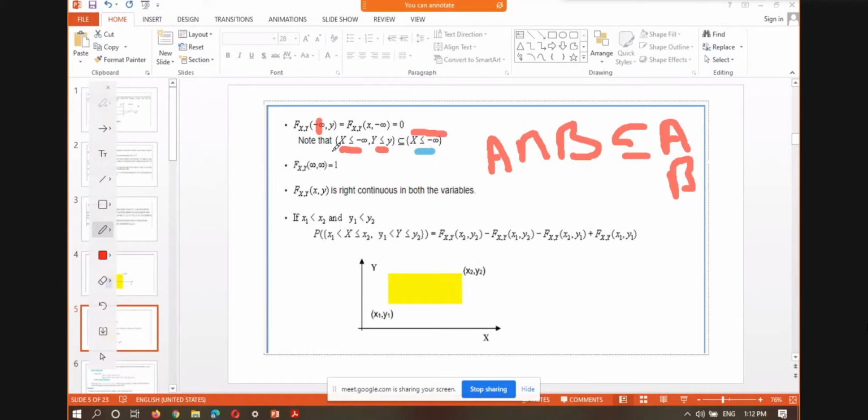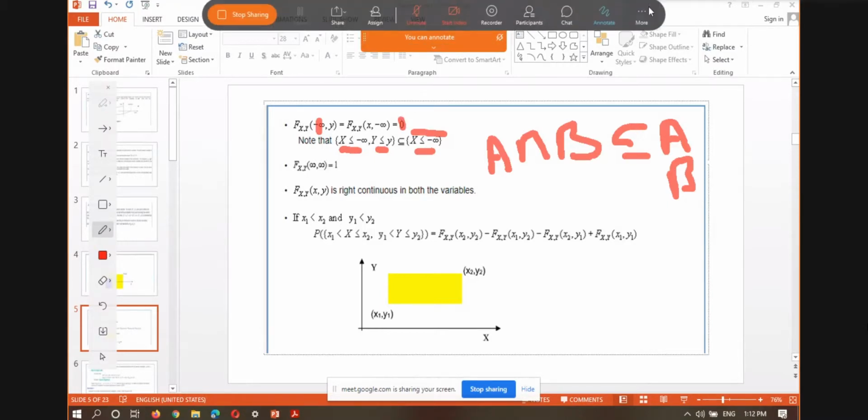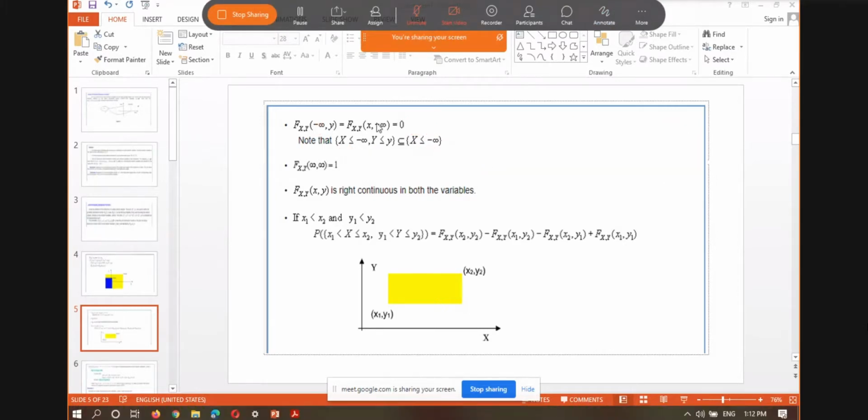So if this is 0, then its probability is less than or equal to this one, so this is also 0. Similarly, we can do it for y, if y is minus infinity.